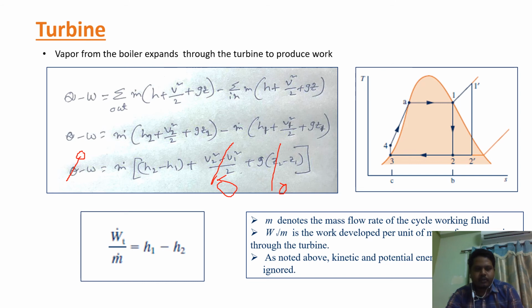Minus W equals m dot into (H2 minus H1). If we remove the sign, W equals m dot into (H1 minus H2). So finally we can write W_T, the work done by the turbine, divided by the mass flow rate, equals H1 minus H2. Here W by m dot is the work done per unit mass in the turbine, which is H1 minus H2.